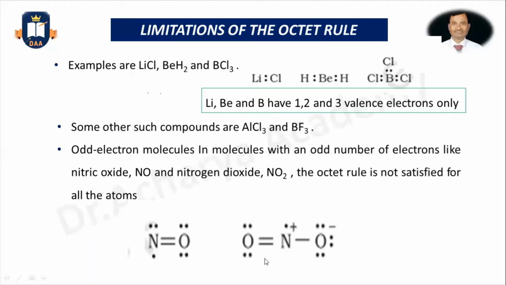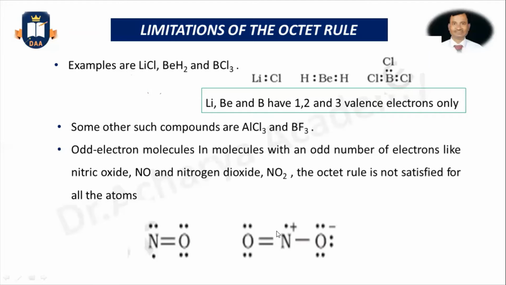And if you see the right side, nitrogen dioxide, the left side oxygen fulfills the octet rule because it has 1 double bond and 2 lone pairs, that means 8 electrons. But the middle nitrogen has 1 double bond, that means 4 electrons, 1 single bond, that means 2 electrons, total 6, and 1 single electron above the nitrogen.